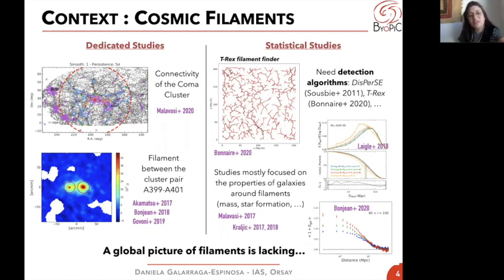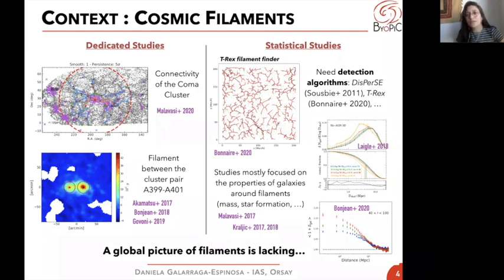This filament has been broadly studied with multi-wavelength observations, and it has a very high density, and galaxies there are mostly quenched, so it's a very particular filament.